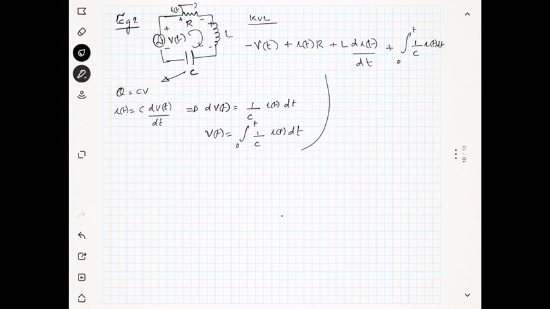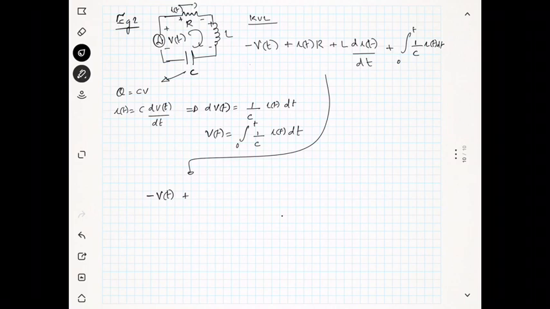Now we can take one more derivative of this equation. We are going to differentiate with respect to t.